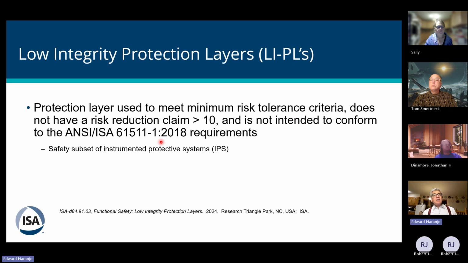Even though you are not subject to the full-fledged requirements of IEC 61511, you must meet certain standards for this integrity protection layer, this independent protection layer that has lower integrity. Okay, so you can take it as a subset of instrumented protected systems. So an instrumented protected system can be an SIS, but it can also be a LIPL.